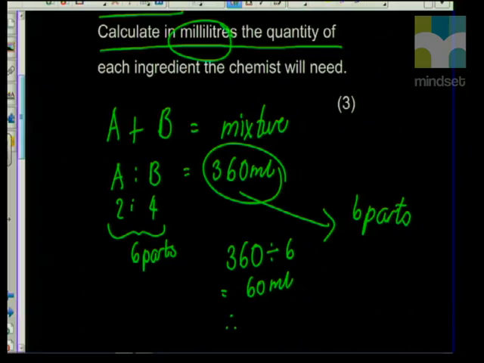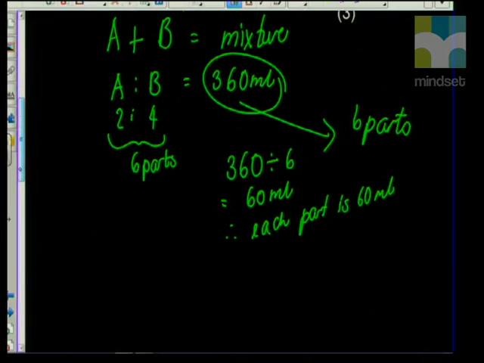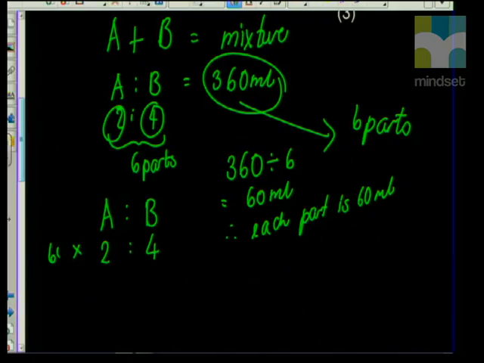So therefore, each part is 60 milliliters. But I don't have one part. I've got 2 parts and 4 parts. So I know that A to B, this is 2 parts and this is 4 parts. And I need to now times each of these by 60 to work out how many milliliters each of them is. So 60 times 2 is 120.